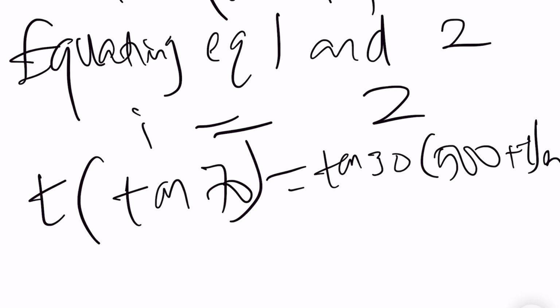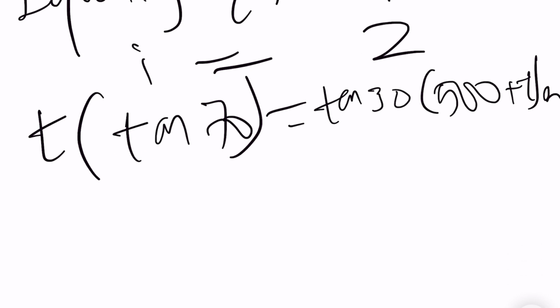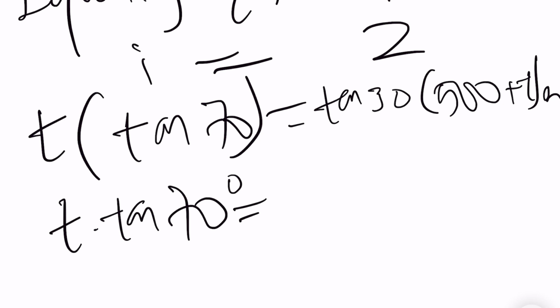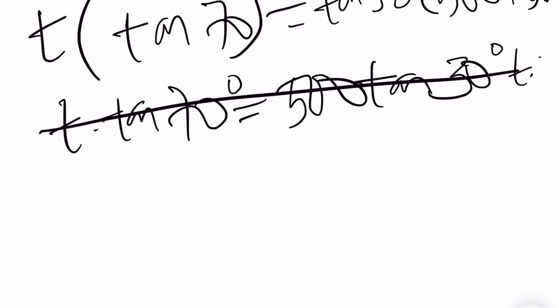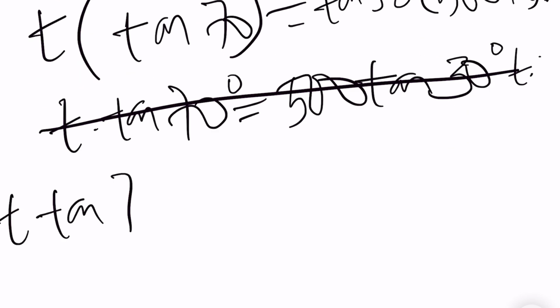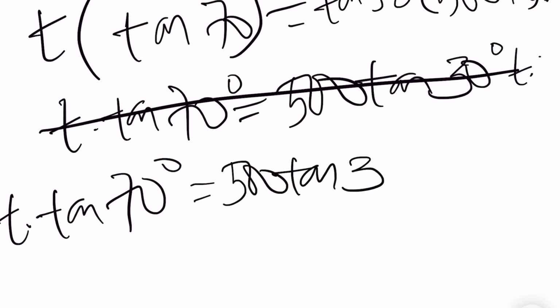Expanding both sides, we have t tan 70 degrees equals 500 tan 30 degrees plus t tan 30 degrees.